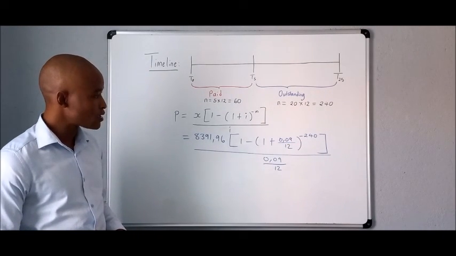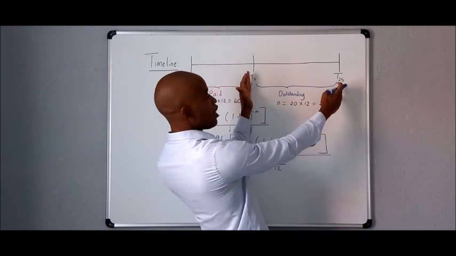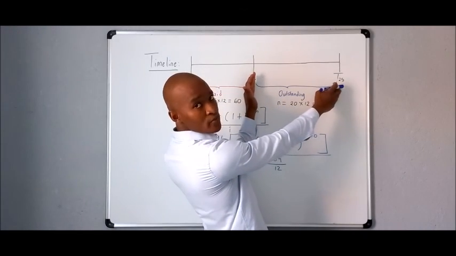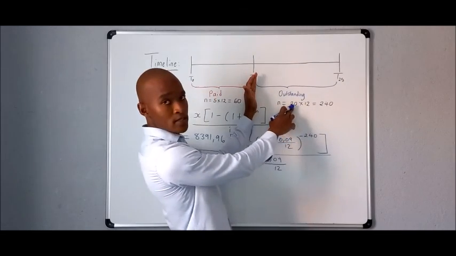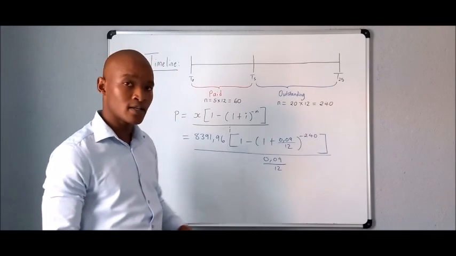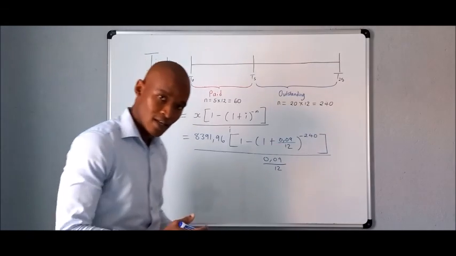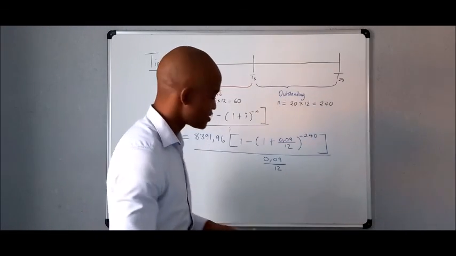This calculation will help you to find out how much of the loan still needs to be paid in the next 20 years, if the monthly installments are made and the interest rate is kept at 9%, assuming it is a fixed interest rate.